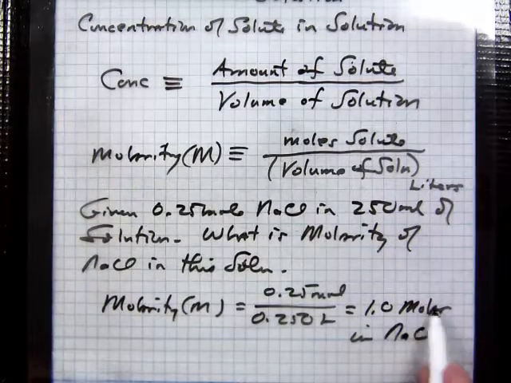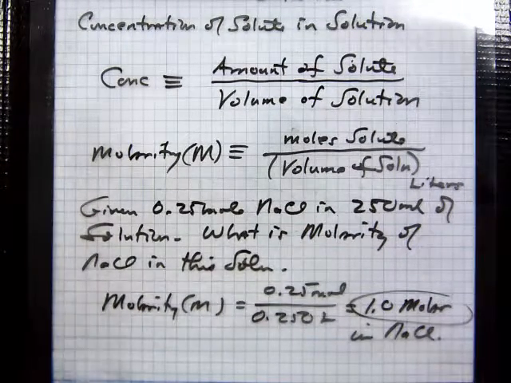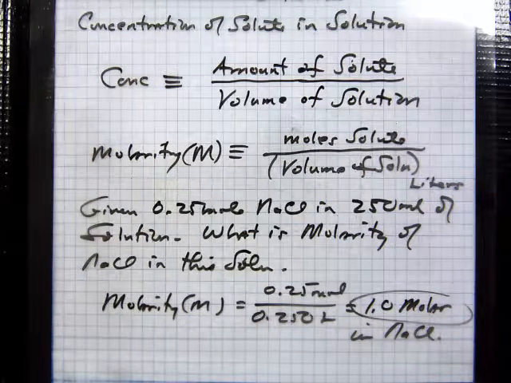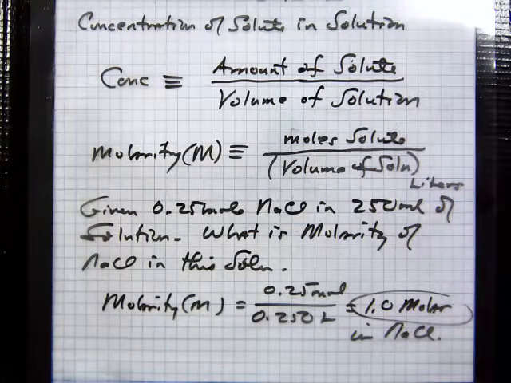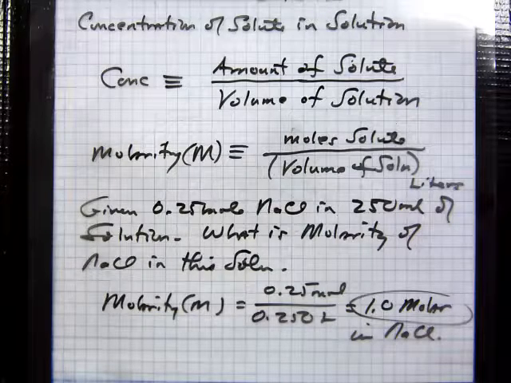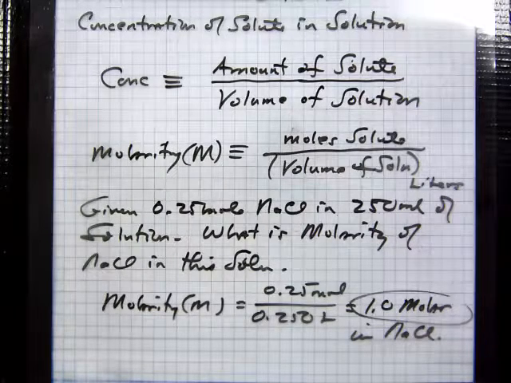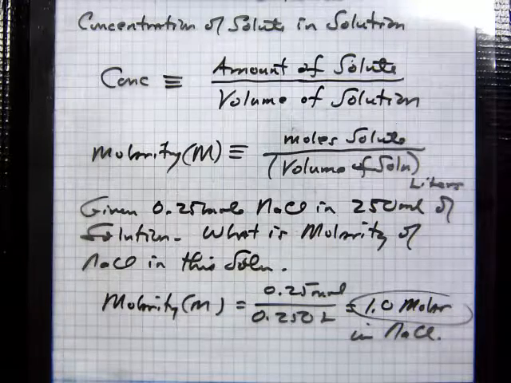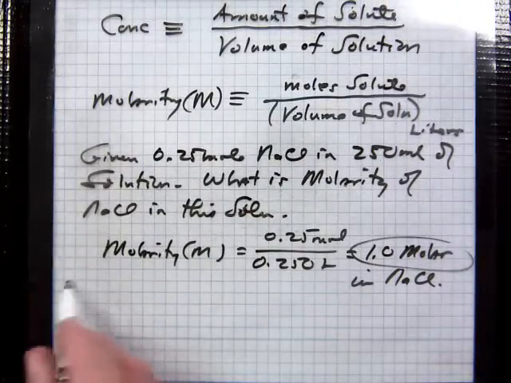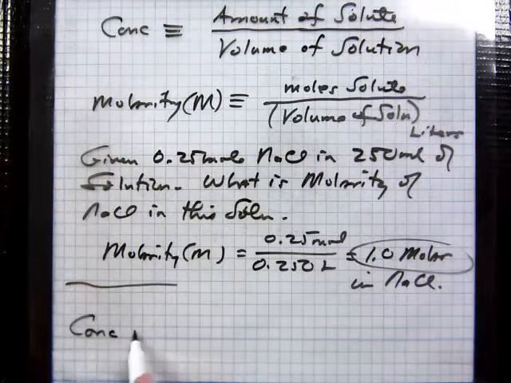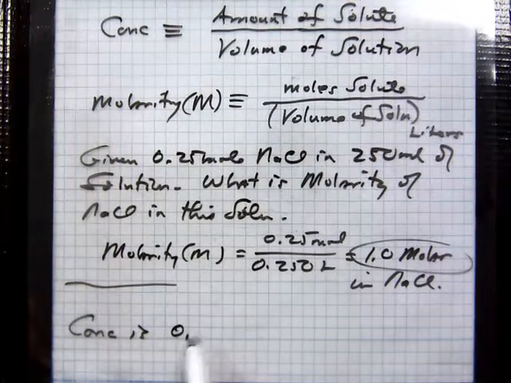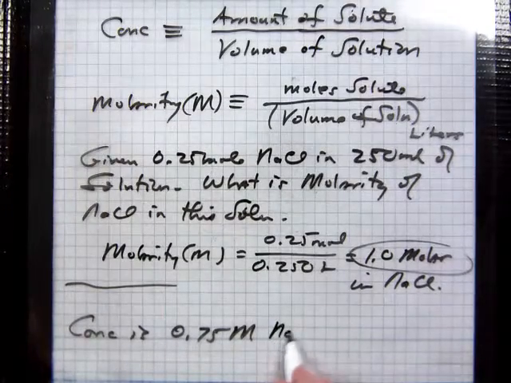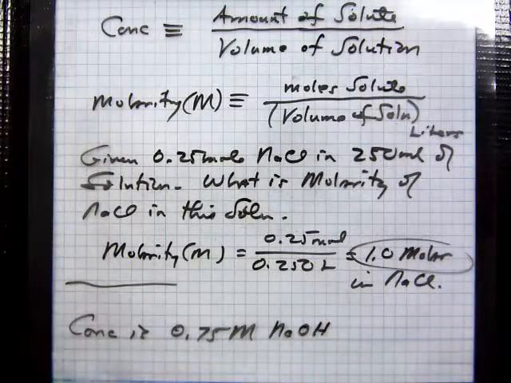And it's 1 molar in NaCl. Now, the idea of saying 1 molar, it's kind of like, what does percent mean? It's parts per hundredweight, right? Well, when you see this term 1 molar, that means 1 mole per 1 liter of solution. So if you're just given a concentration term, what does it mean? Concentration is 0.75 molar sodium hydroxide, period.